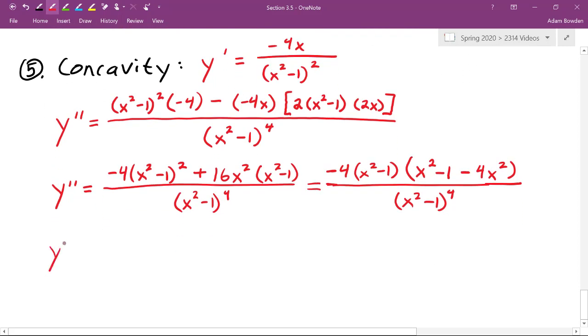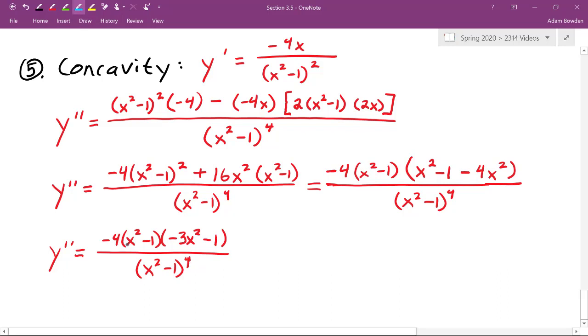Okay, combining like terms and doing all that to simplify, we have -4 times x squared minus 1 times -3x squared minus 1, all over x squared minus 1 raised to the 4th.